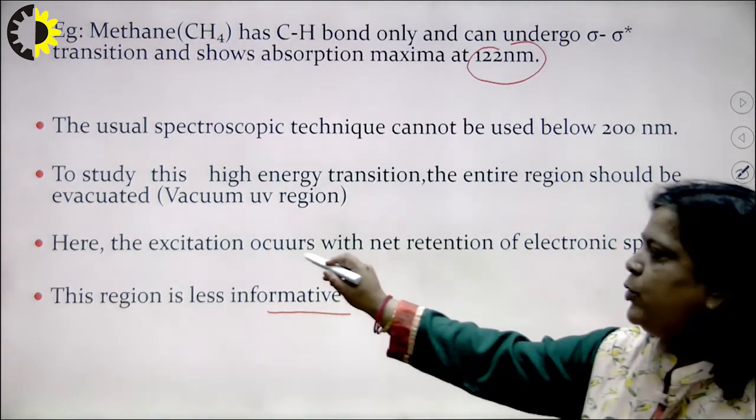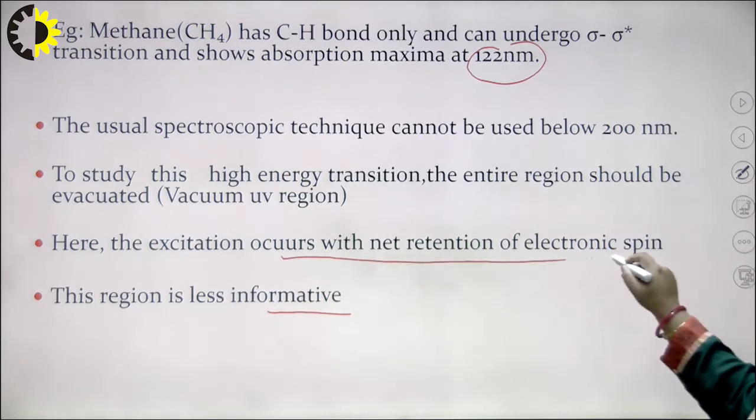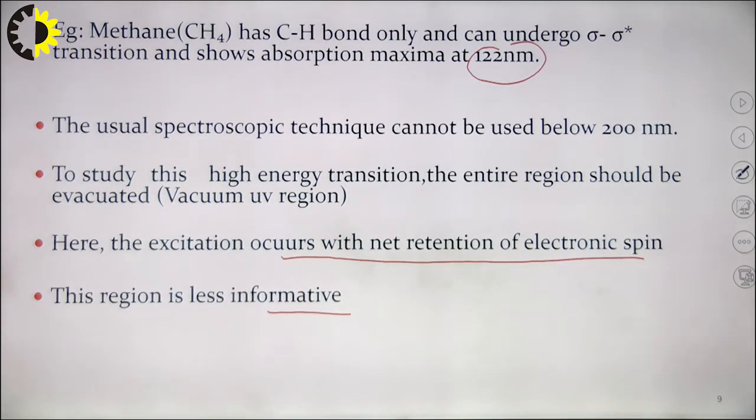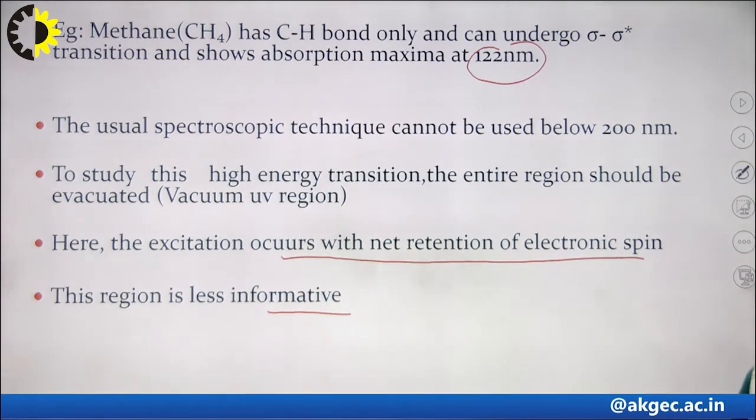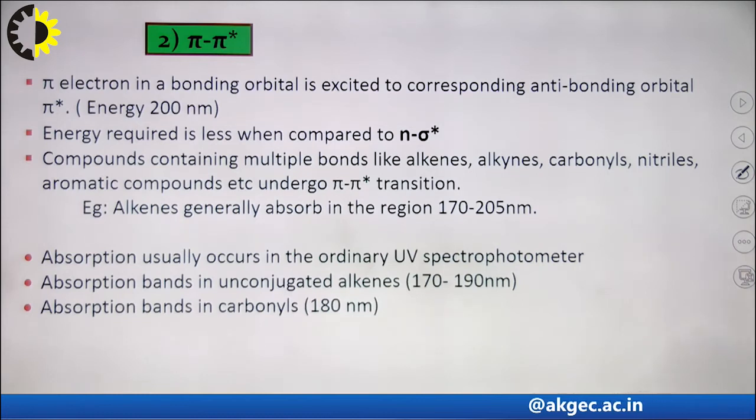And I think this point is also clear. The excitation occurs with net retention of electronic spin, that is singlet ground state to singlet excited state. Now, the second transition is pi to pi star.